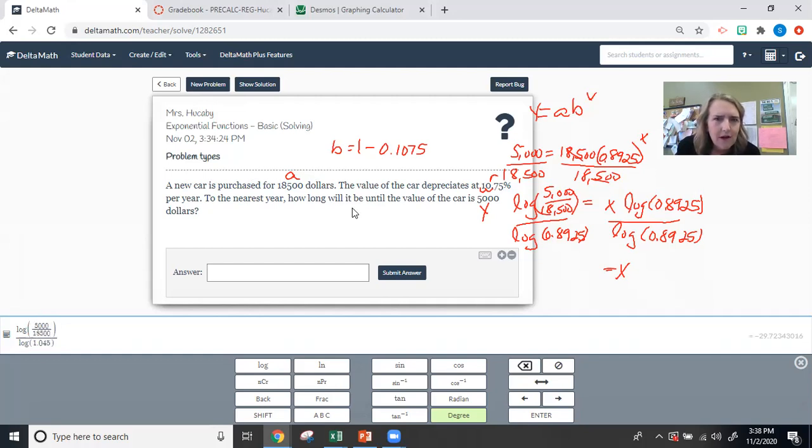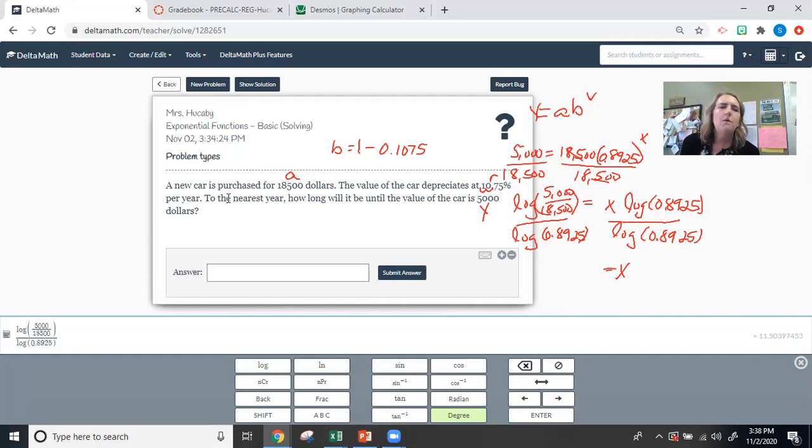Those numbers look right. And then my b, my log of b right here is 0.8925. Yeah. And there's your answer, 11.5.